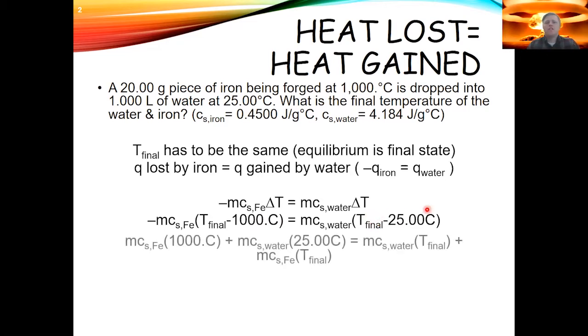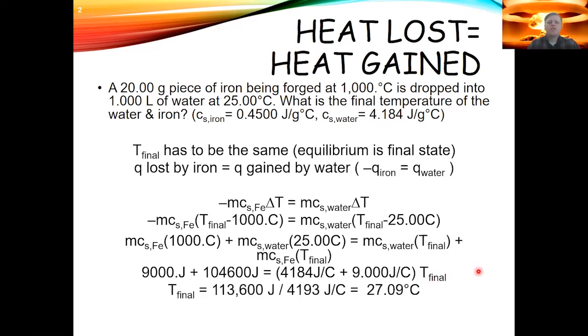And then from here, we just do some algebra, we rearrange some things, and finally solve for our final temperature to figure out how much this has changed the temperature of our water.